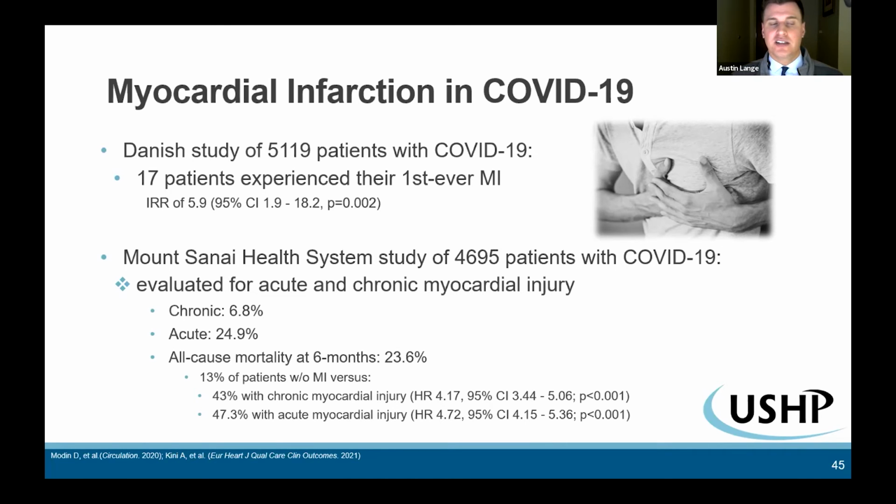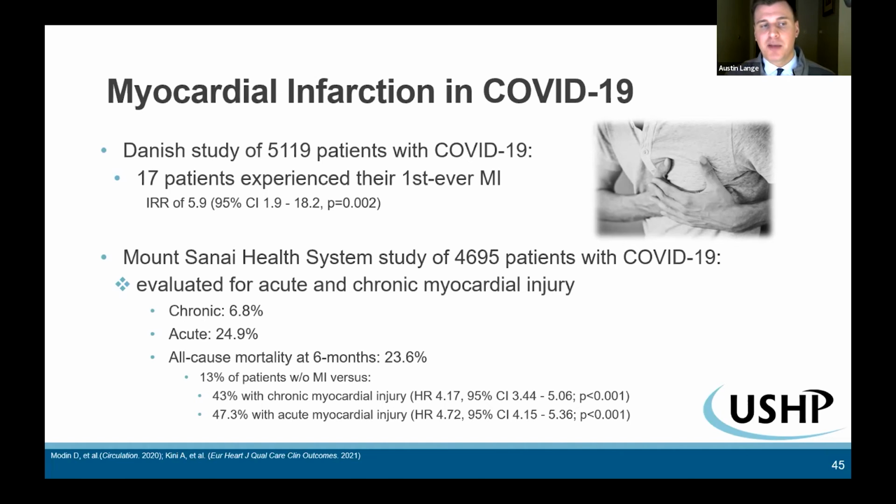So again, chronic being existing and acute being happening after they present. They looked at 6.8% of patients with chronic, 25% of patients with acute, and the all-cause mortality in general was just short of 25%.